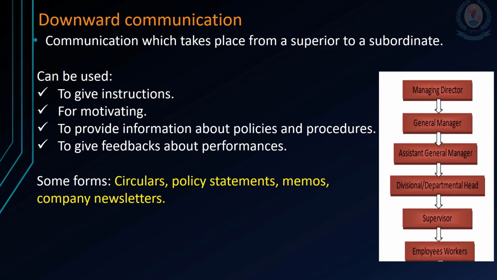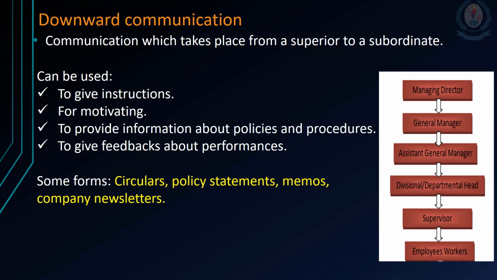It is the total opposite direction of upward communication. So the managing director is there, general manager, then assistant general manager, divisional or departmental head, supervisors, employees or workers. So the top part is the managing director, with employees or workers always in the lower part. But the difference is that the arrows are going down. That means the communication happens from the top level to the bottom.